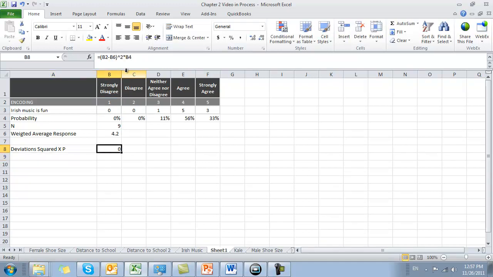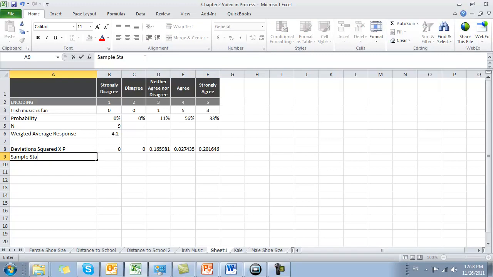I'm going to copy this from column to column. As I do so, I'm going to need to keep the average constant, which is the green cell. So I'm going to put the dollar sign there in front of the column letter. Copy and paste. Finally, we get the sample standard deviation.